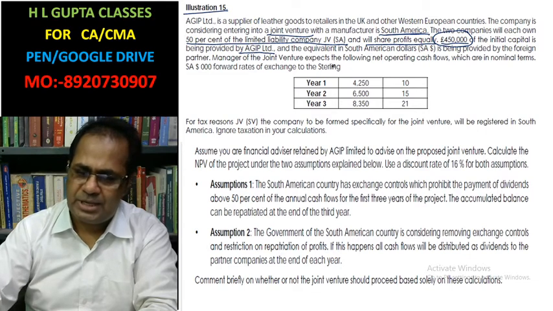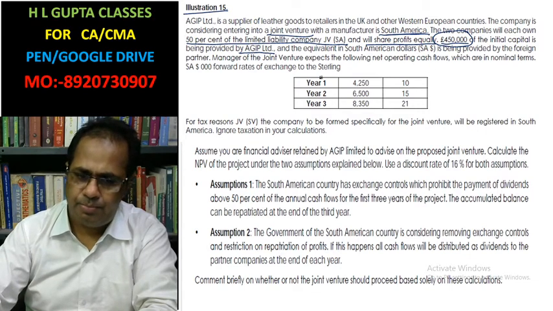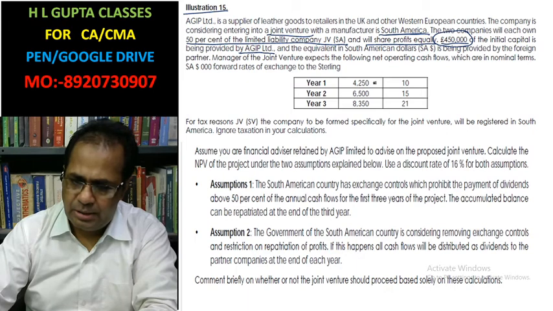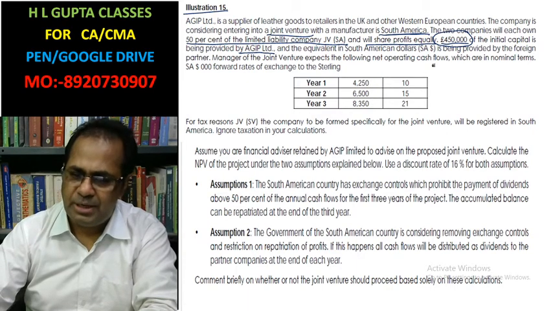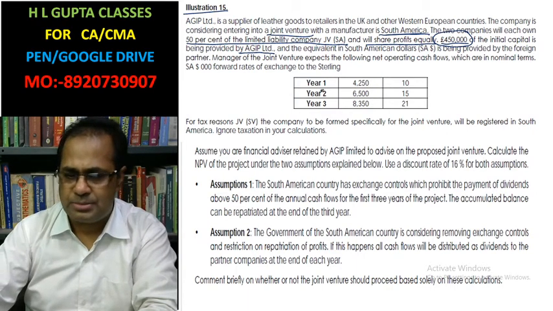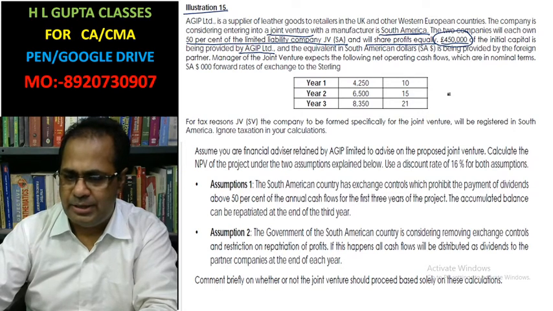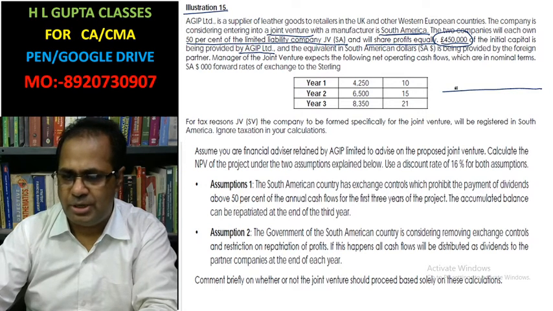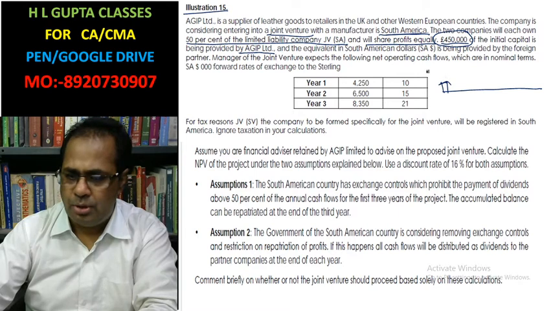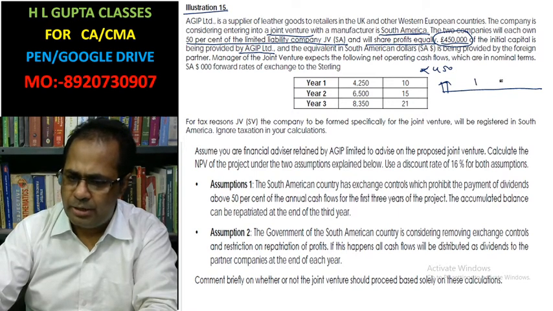The manager of the joint venture expects the following operating income. This is in thousands. So your investment at the zero period is pound 4,50,000. Then year 1, year 2, year 3.